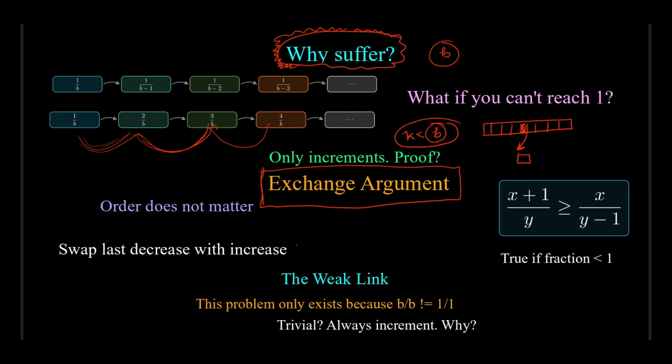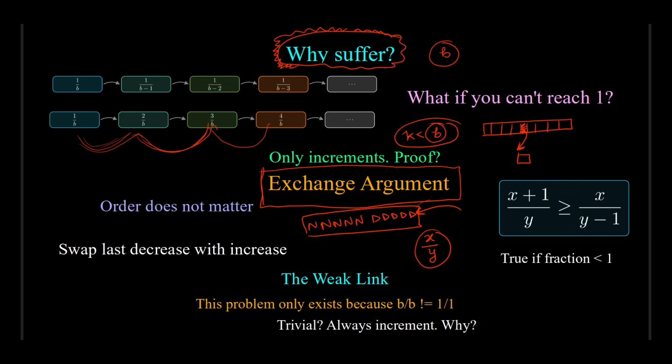To do that, notice that since the order does not matter, you can have all the numerator increases in one line, and then all the denominator decreases in one line right after that. Then this will give you a fraction, let's say x upon y. Then let's focus on the last denominator decrease that you have done, after which you have run out of money and are not able to make any more operations.